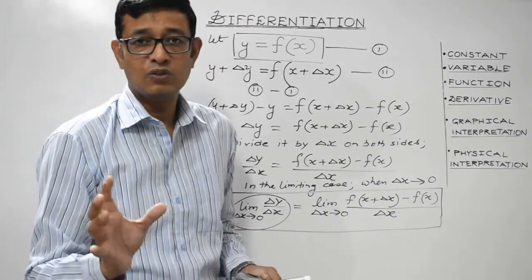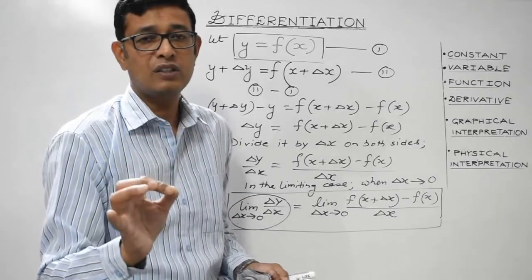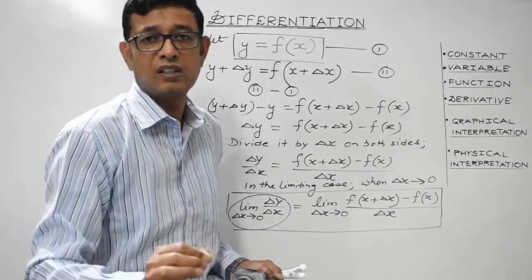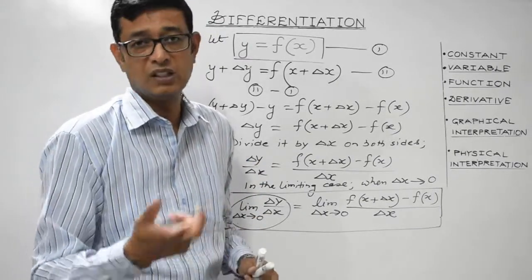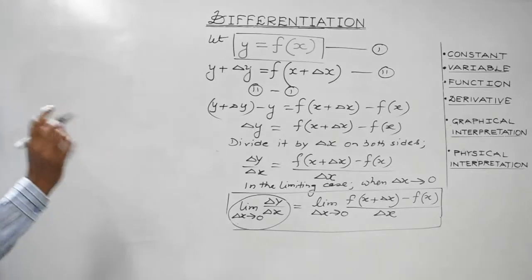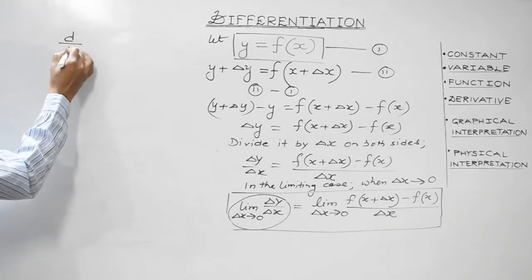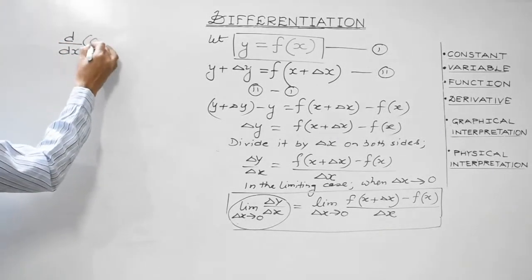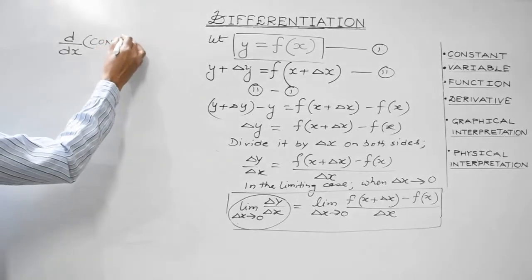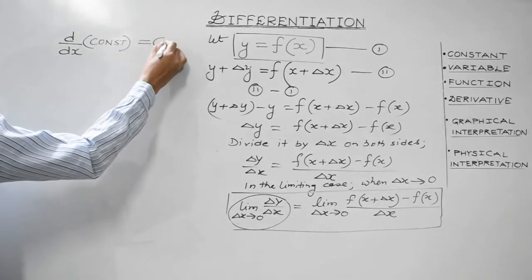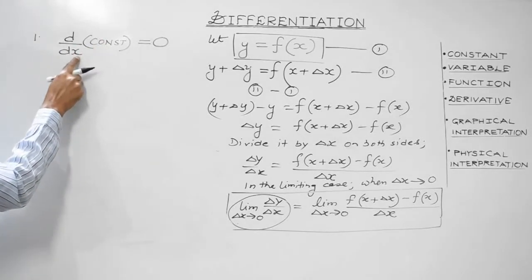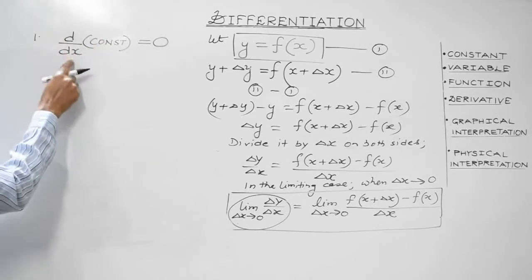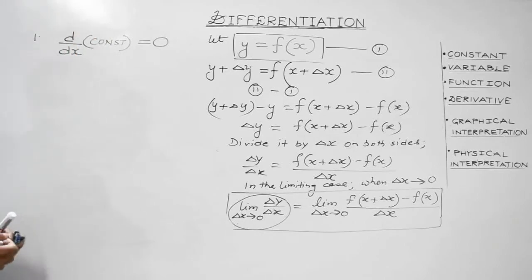But as I have told you, these are the formulas which are very important, which we will be frequently using in derivation of certain articles as well as in numericals, right? So, first important formula what we have discussed is differentiation of any constant is always equal to 0. This is known as differentiation of any constant with respect to x. This is a symbol for differentiation of a function with respect to x, right?